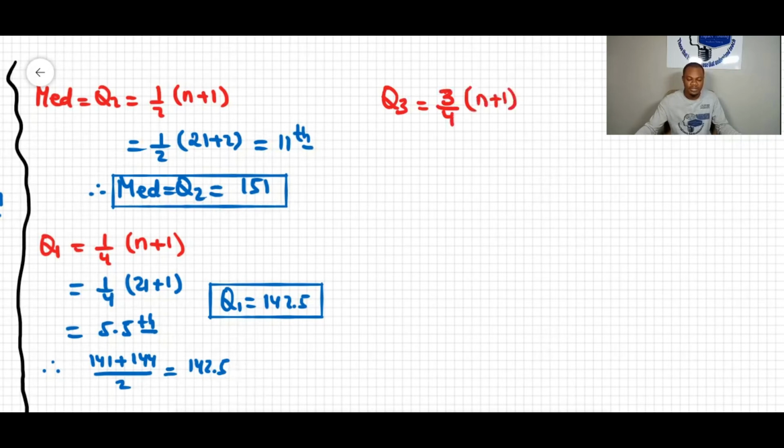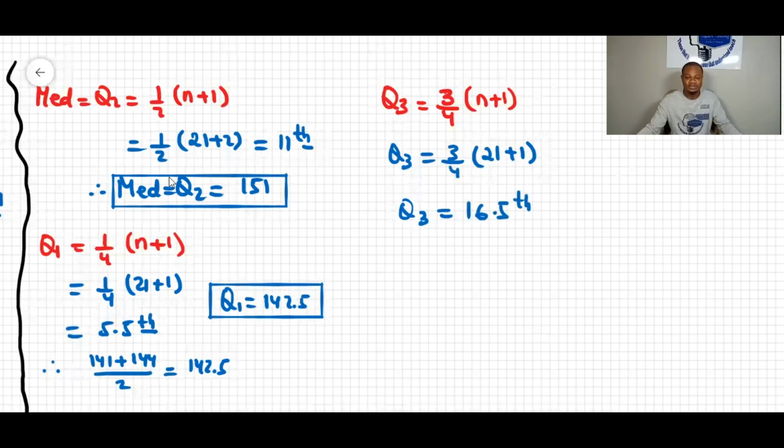So Q3 will be equal to 3/4 times 21 plus 1, and then if you work it out, you get 16.5. So the 16.5 position here lies in between the 16th and the 17th data value.